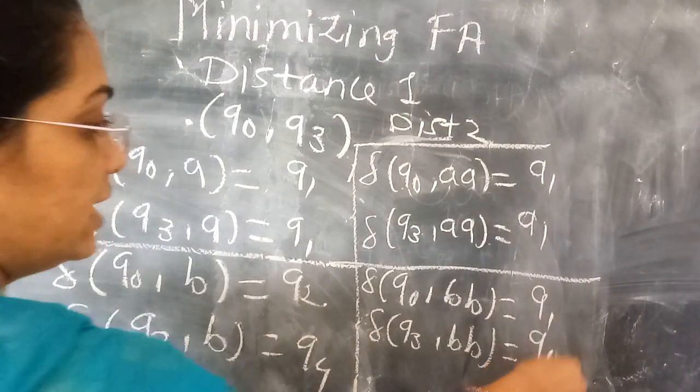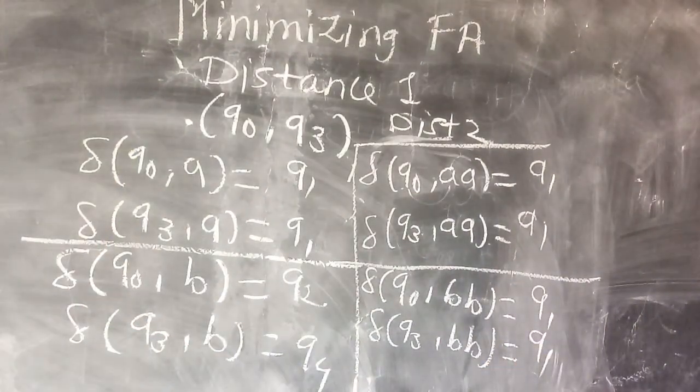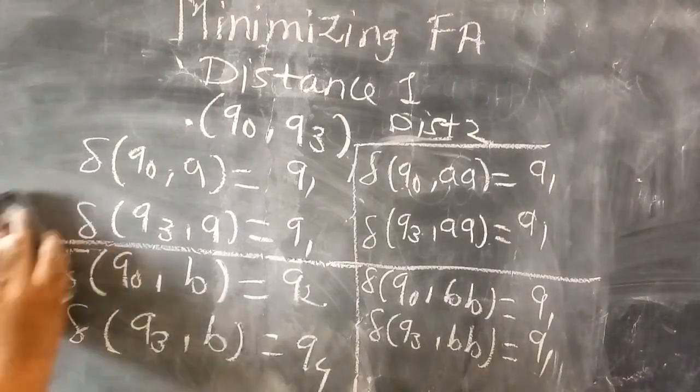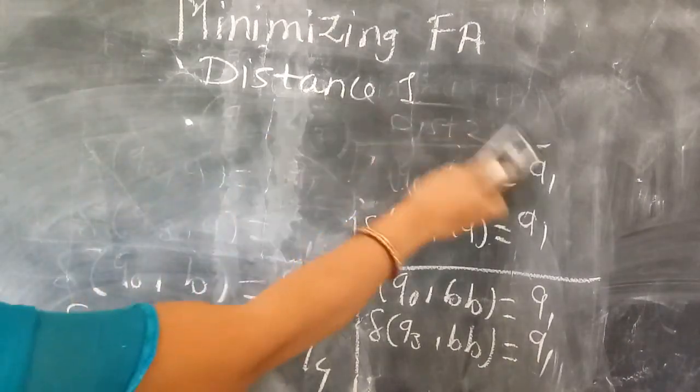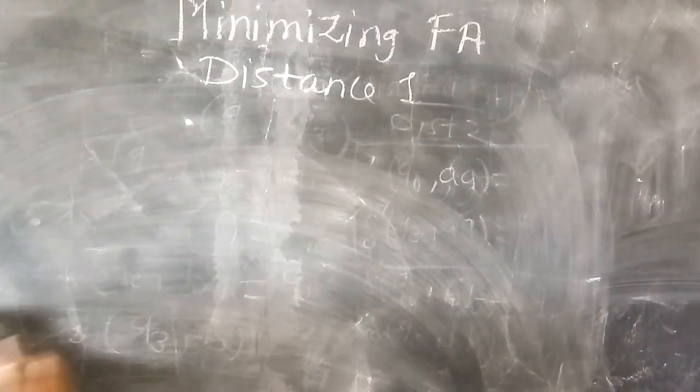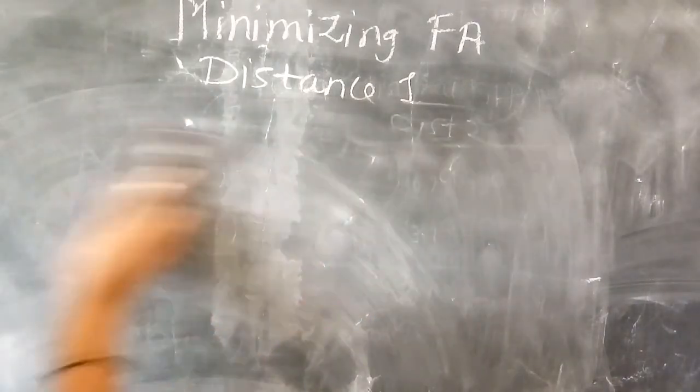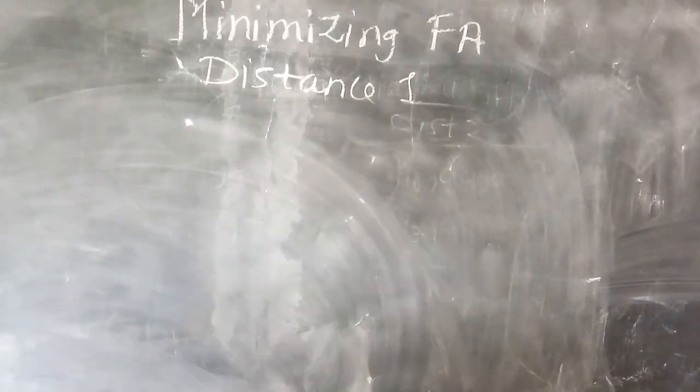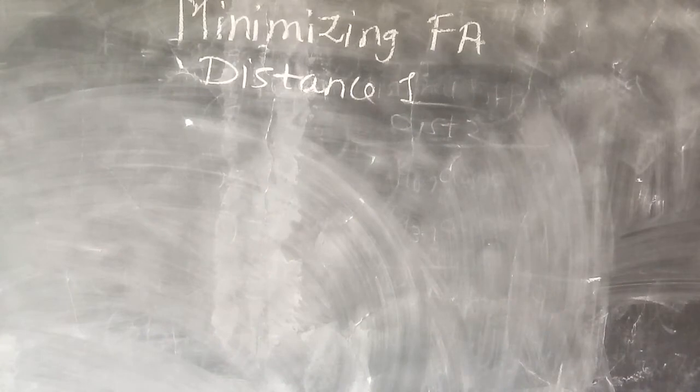As it is getting the same output, Q1 and Q1, for both Q0 on BB and Q3 on BB, we can finally conclude that there is no distance present between Q0 and Q3. So they will be equivalent. Now Q0, Q3 we have solved for two distances, and no distance is present between them for distance 1 or distance 2.